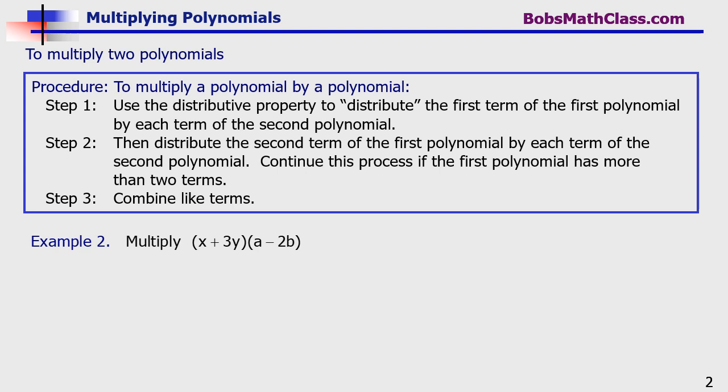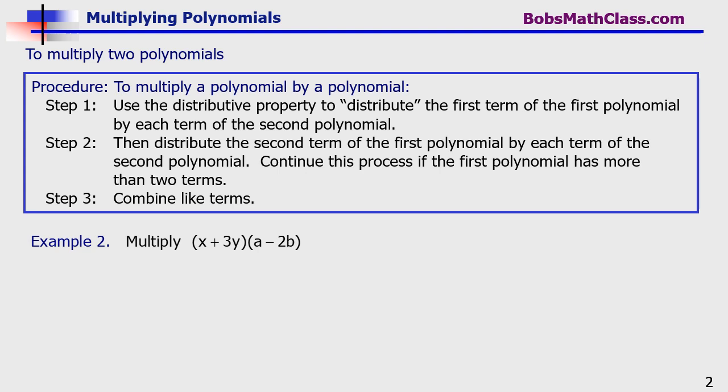Then distribute the second term of the first polynomial by each term of the second polynomial. Continue this process if the first polynomial has more than 2 terms. Then combine like terms. So we're really going to just distribute, in this case, twice.